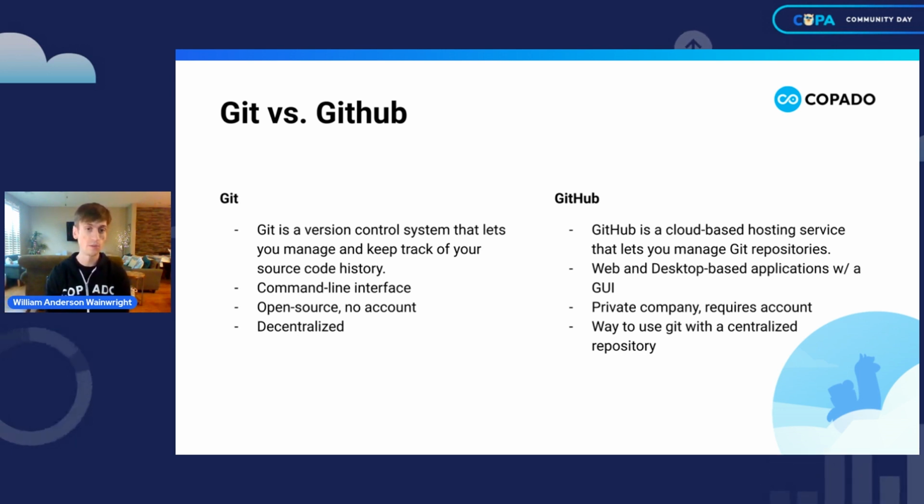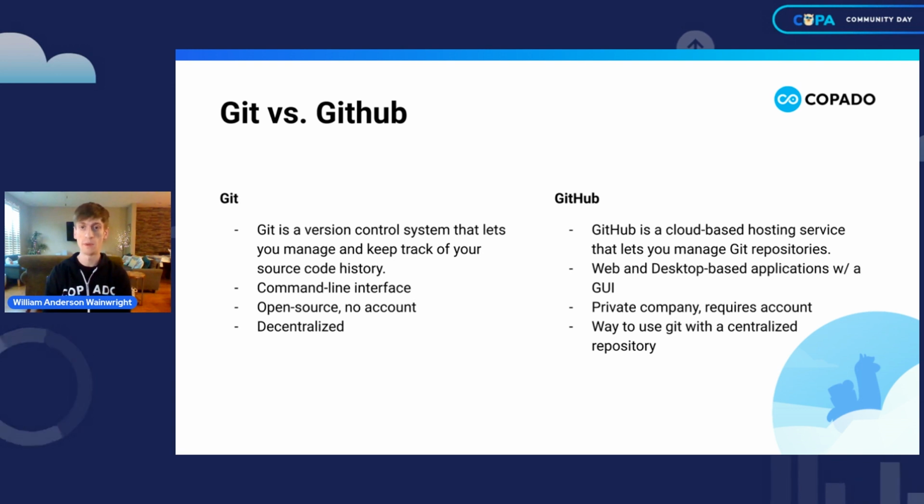So Git is open source. You don't have to have any account to use it. Like I said, you install it on your local machine or you install it on a remote server. Whereas GitHub is a service operated by a private company, it requires an account. And Git is decentralized.